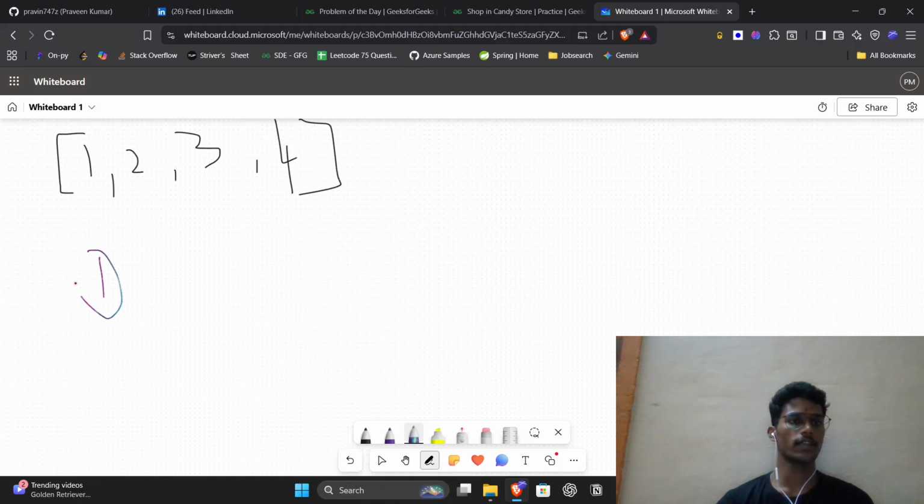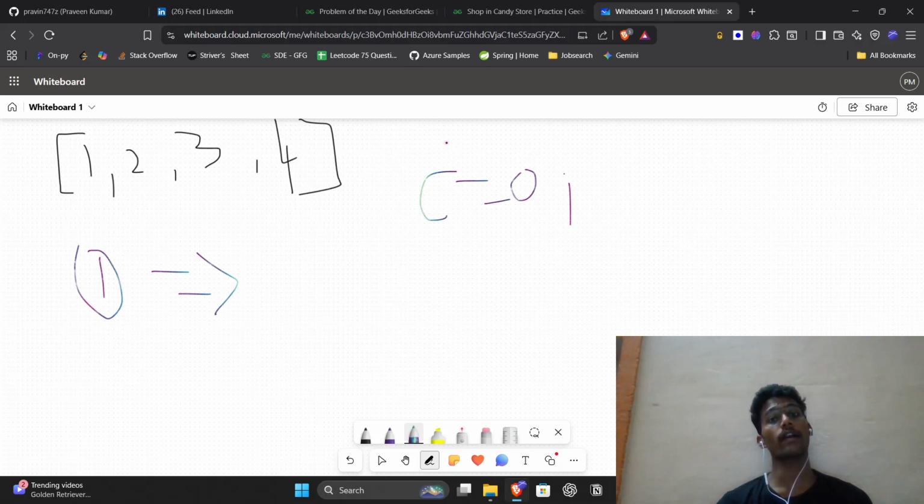In the first step, the cost is 0. I am trying to figure out the minimum amount required to collect all these candies. In the first step, I am going to buy this one since it is the cheapest compared to the others.